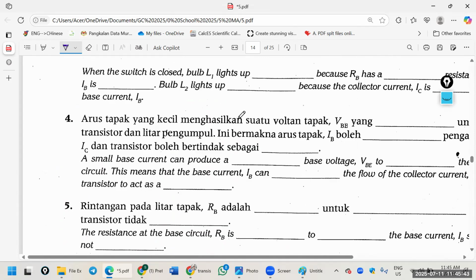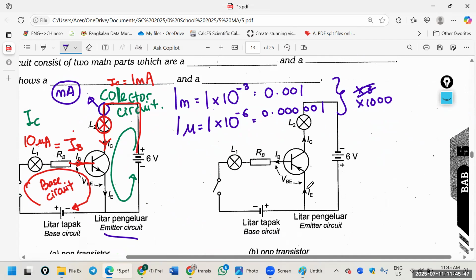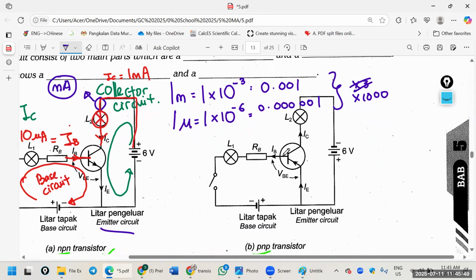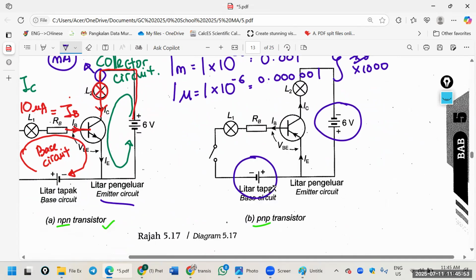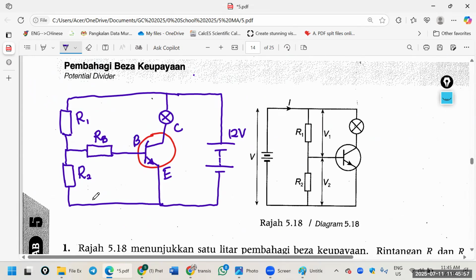You compare this with this. What is reduced in that circuit? So can you see? Just now here got a battery. Now no more. We combine them to become one.